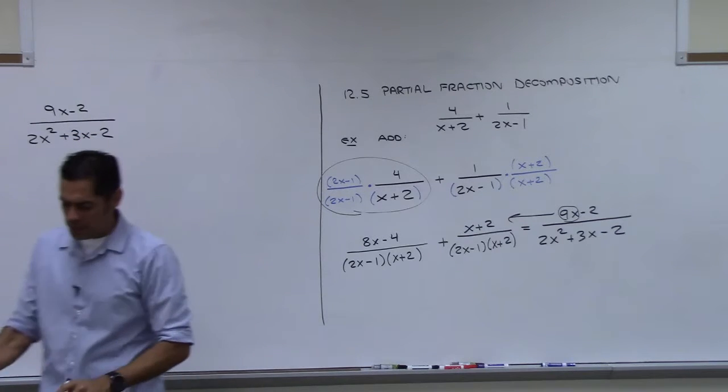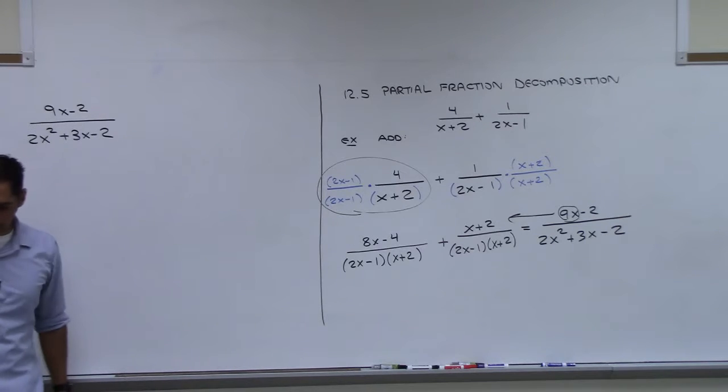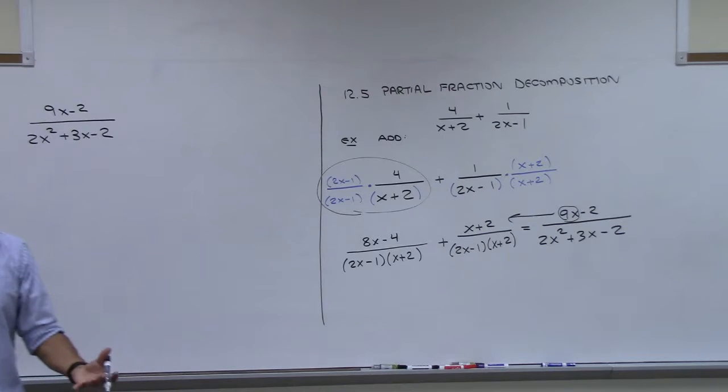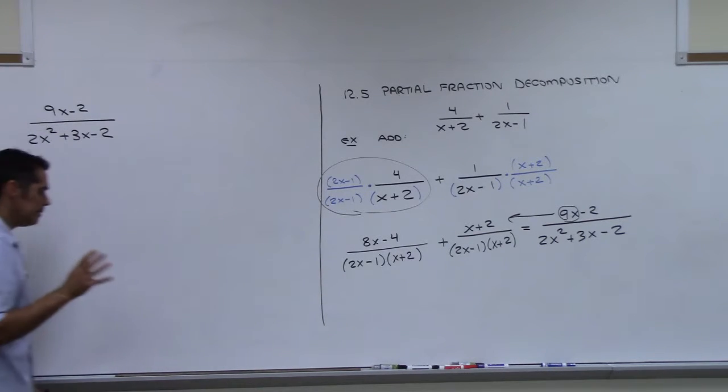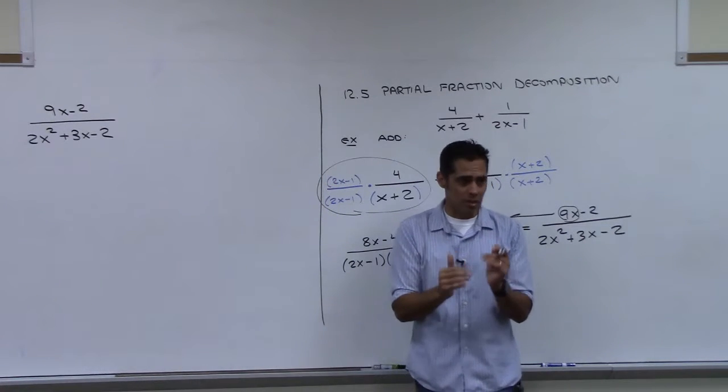Now look, if you read the book, they're going to spend a bunch of time trying to explain this process, which is fine, but I'm more inclined to show you some examples, and after we do some examples, we'll start to establish a process.